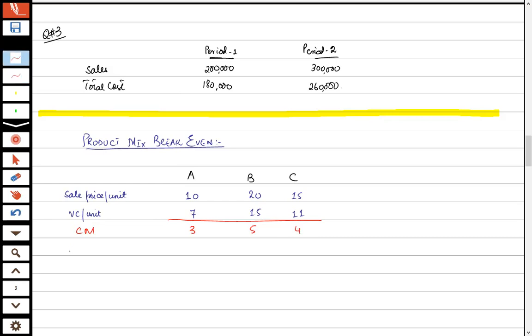Now the total fixed cost. Total fixed cost cannot be written here, here, or here. It will be written at the end, that is the total fixed cost that is borne by the three products' production will be, sorry, $240,000.